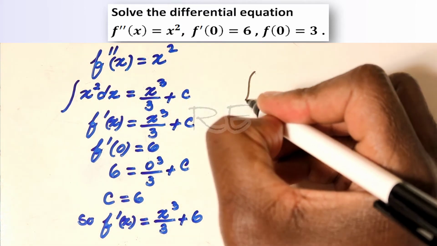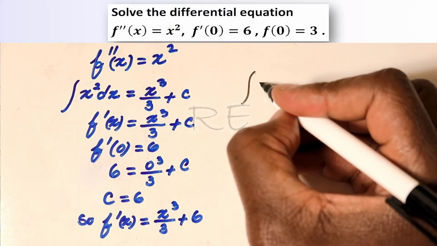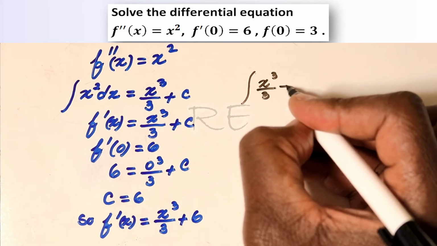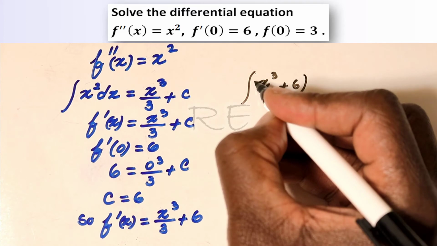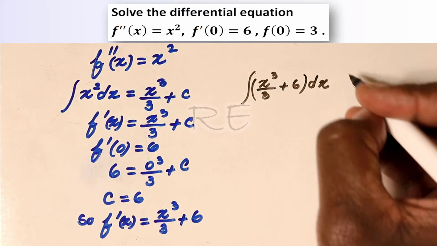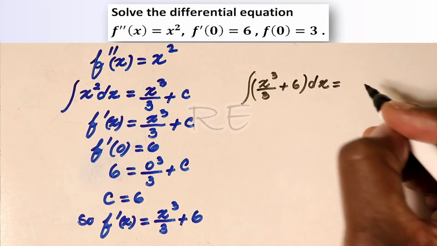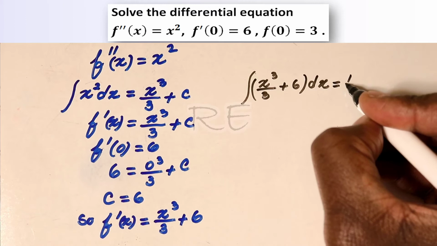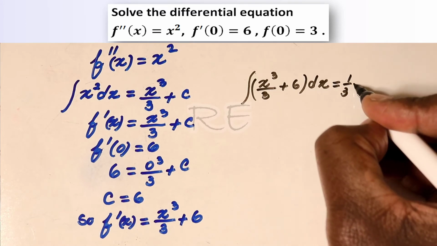The antiderivative of f prime of x will be f of x. So we take the antiderivative of x cubed over 3 plus 6. The general solution will be, well, divided by 3 is multiplied by 1/3.